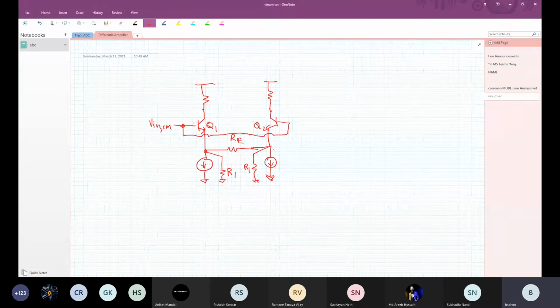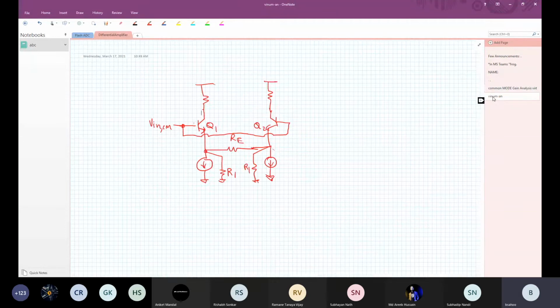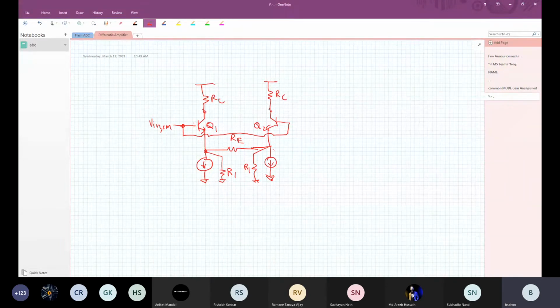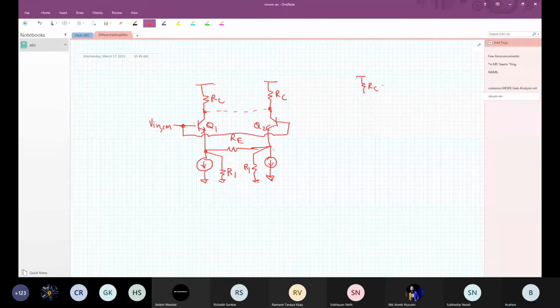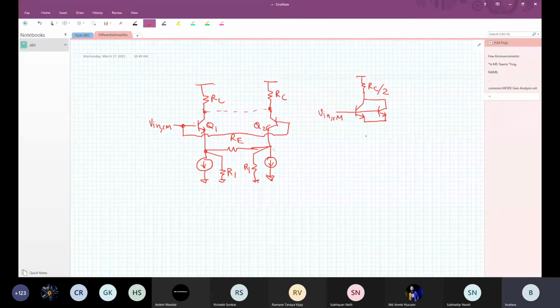Can you tell me what the common mode equivalent circuit will be, just like the way we got it before, putting them in parallel? When both of them move up and down, these two nodes move up and down together, so these become virtual short. That means we will have RC by 2, with V in CM. What do I do at the bottom?